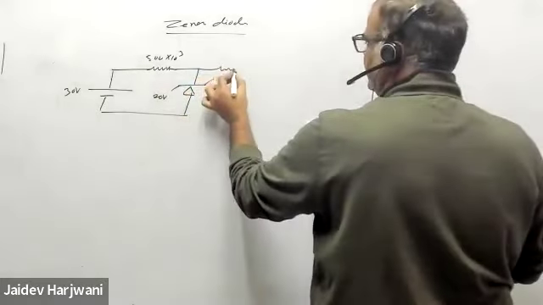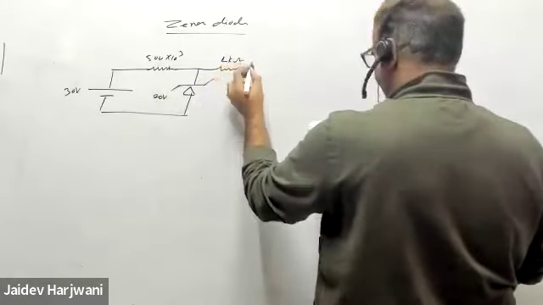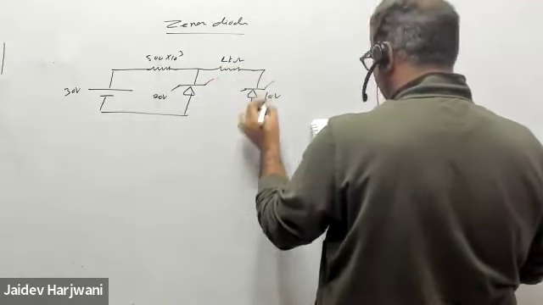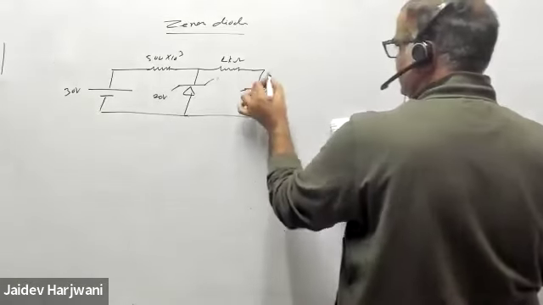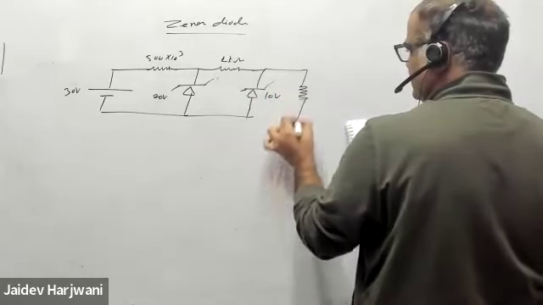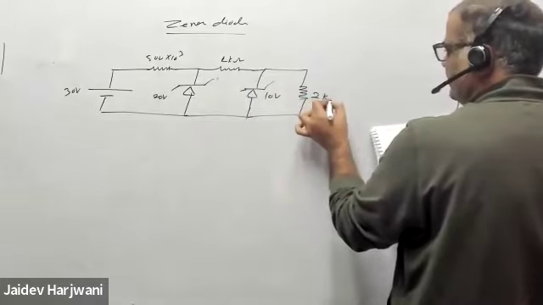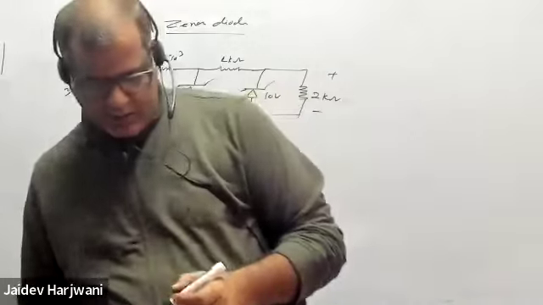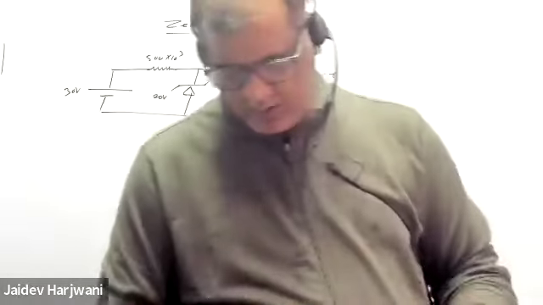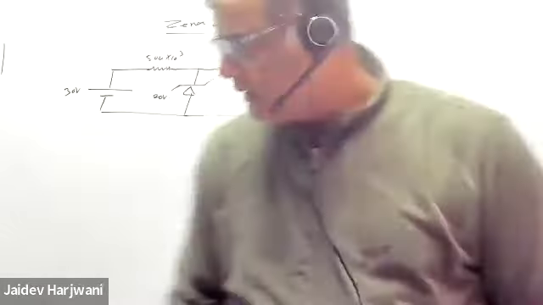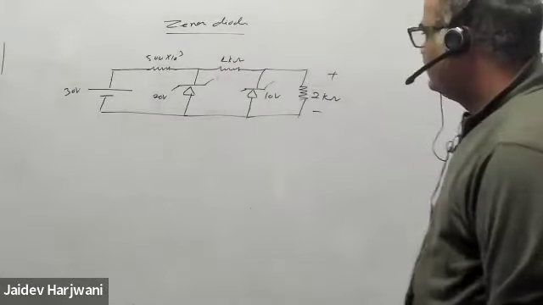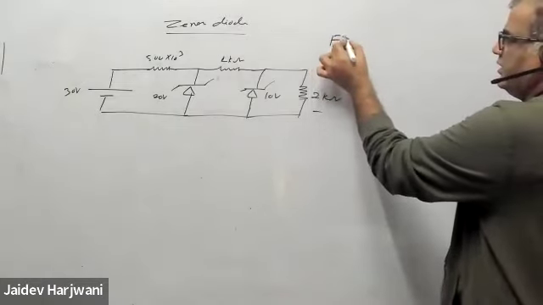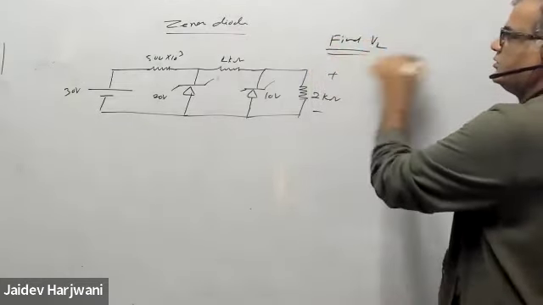And this is your 1 kilo ohm, which has 10 volt. And here you have 2 kilo ohm, plus minus. Okay. Now I want to know what is the VL here. Okay, find V load.